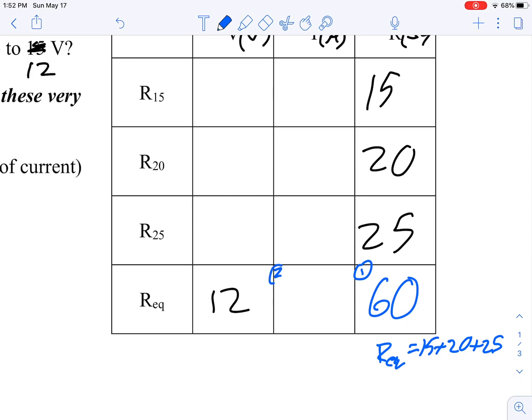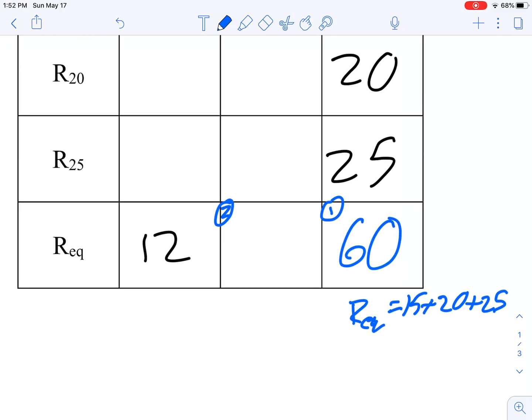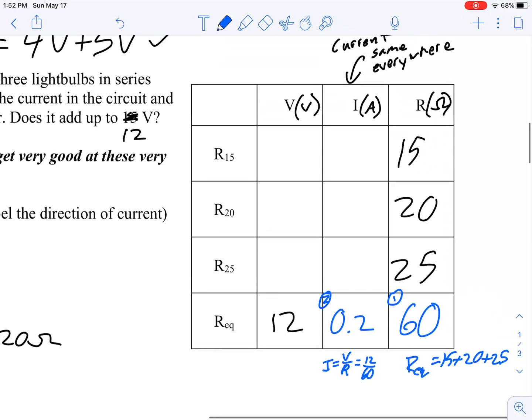So that's step 2. Every time it's going to be a little different. So let's see, I is equal to V over R. That's 12 over 60. 12 over 60 is 1 over 5, which is 0.2 amps.